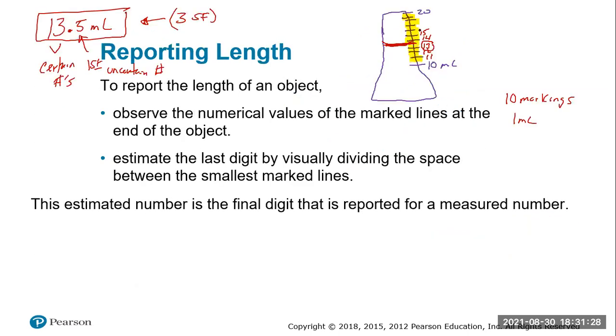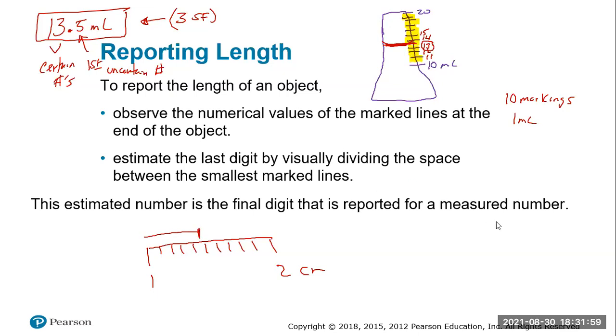Here also was 1 milliliter, and we were able to take it one more place to the right. So if we had something like this, and we'll say this is again a ruler here. Now let's say we were measuring something like right here.